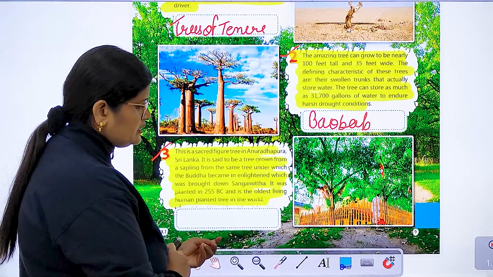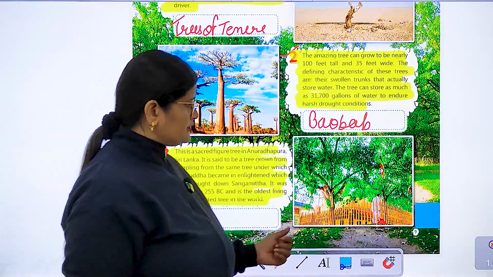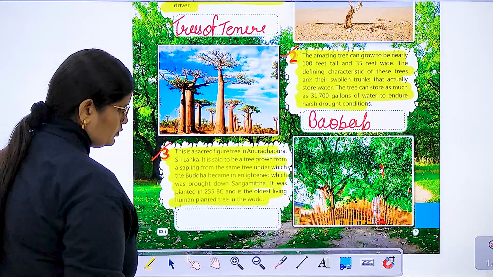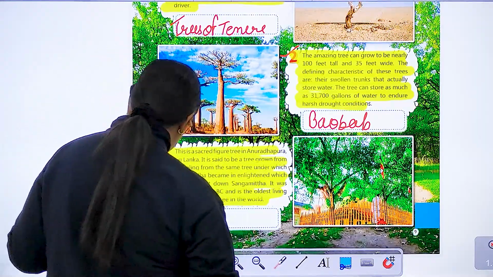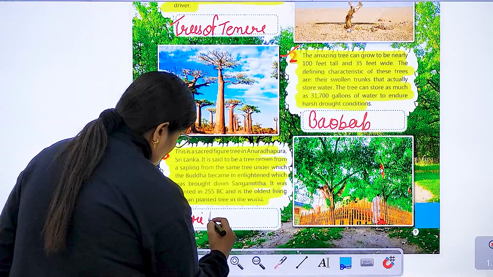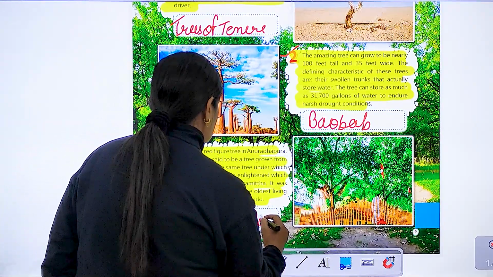So it is Sri Mahabodhi. So the tree name is Sri Mahabodhi.